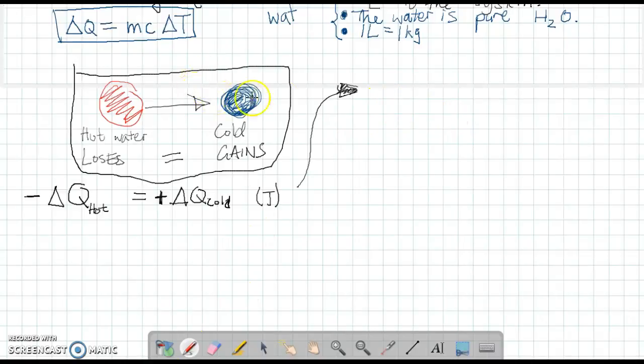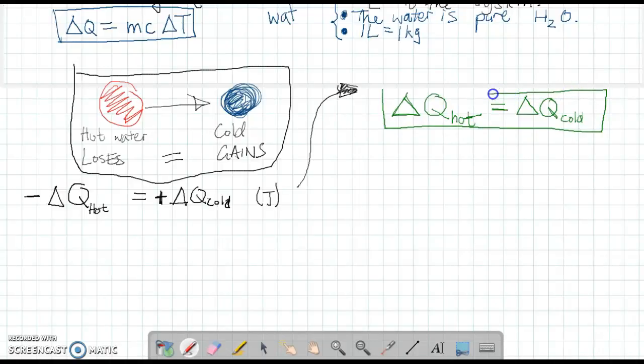Because all it says is that the change in energy, or the heat gained by a cold object, has to be equal to the heat that's lost by a hot object. So heat gain is equal to heat loss, which should make sense in the context of the law of conservation of energy, the first law of thermodynamics, because this is an example of energy transfer and a mathematical way of expressing energy transfer.